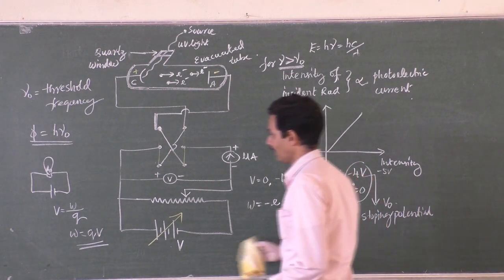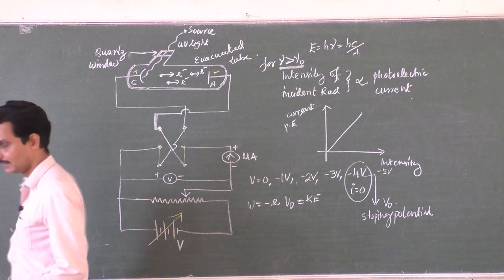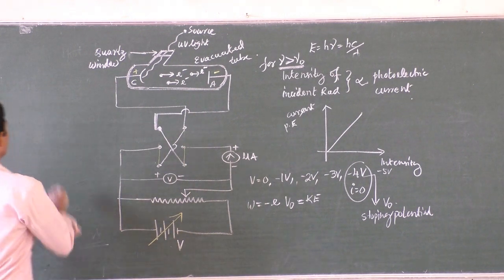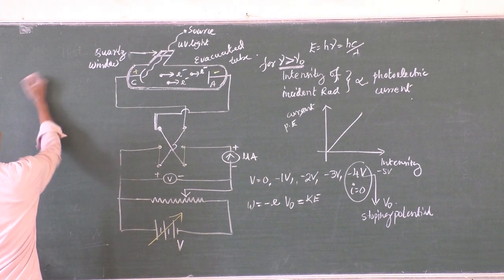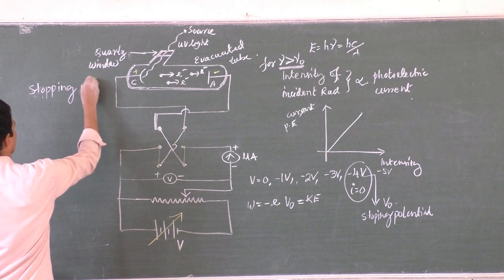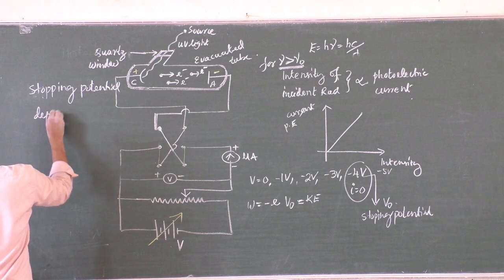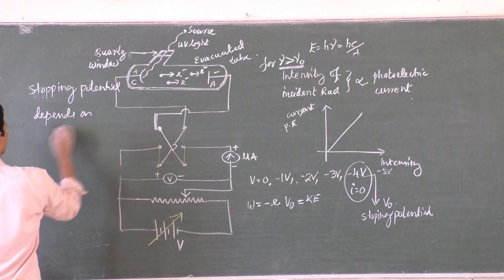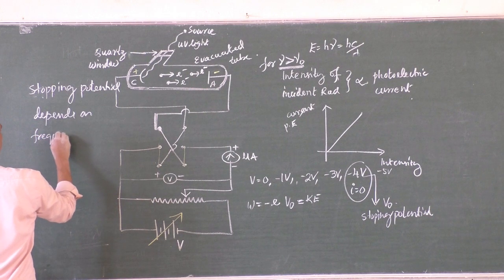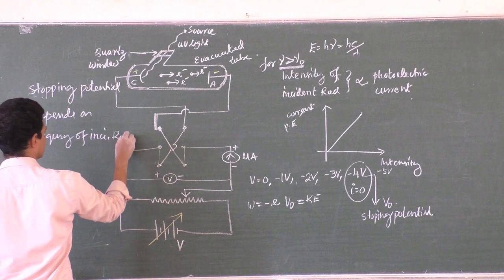So if I can write it here: stopping potential depends on the frequency of incident radiation.